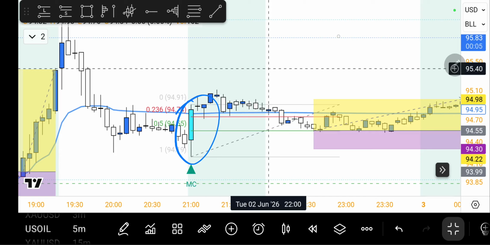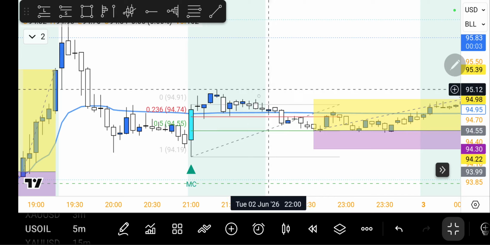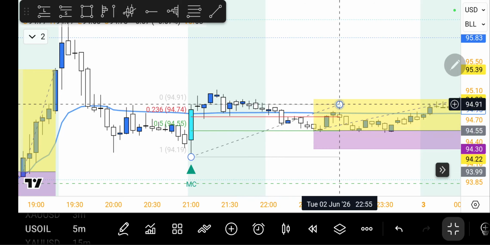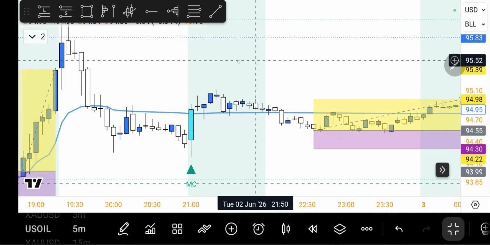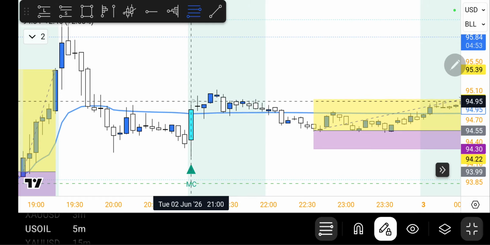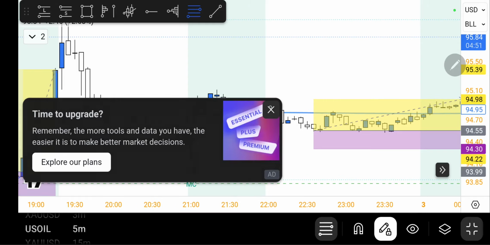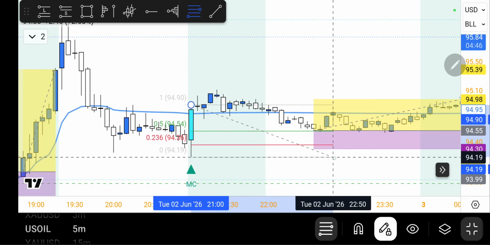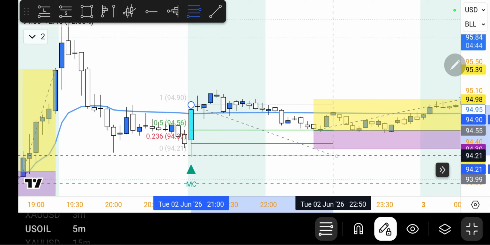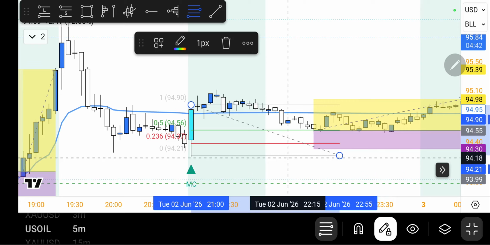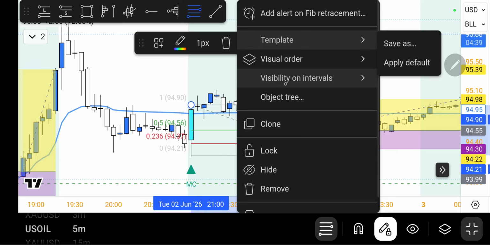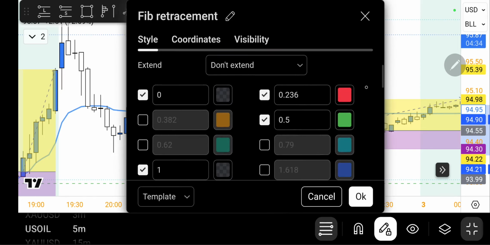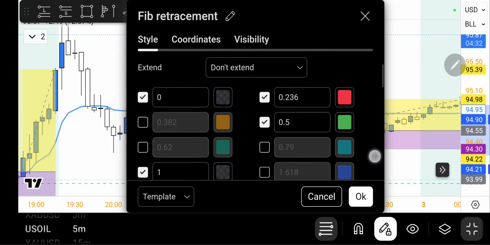But because the candle was a bit large, all I had to do was to take my Fibonacci tool, and let me take that out so that I'll show you what I did. So from the top I just threw it out like that. And now you see, so if I show you the settings of this, this is all I have on my own settings.